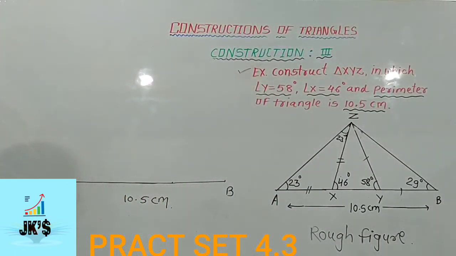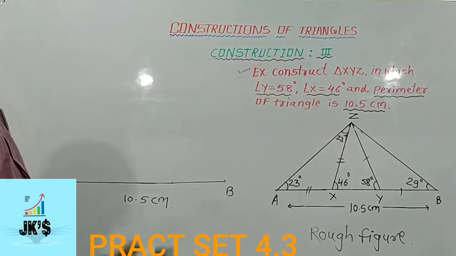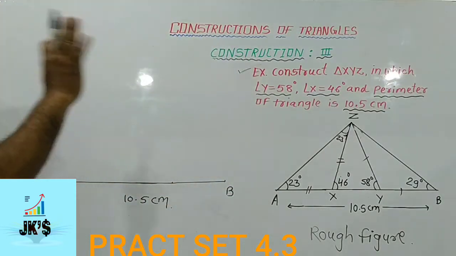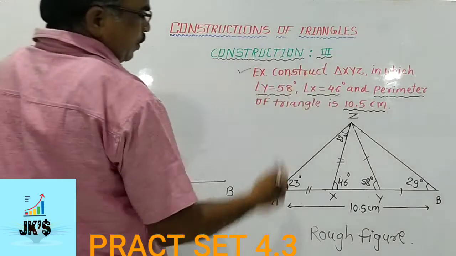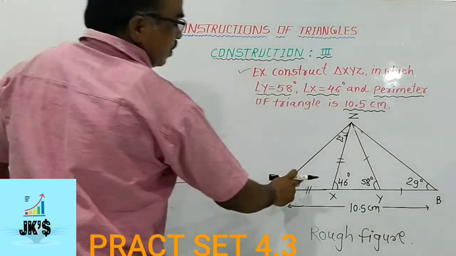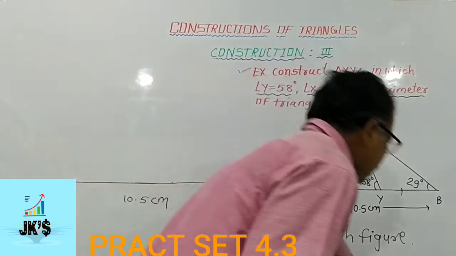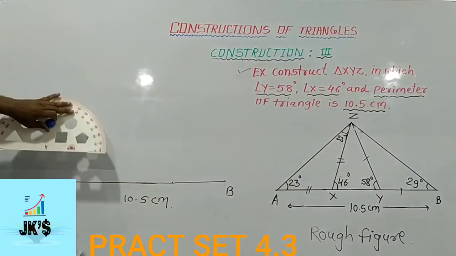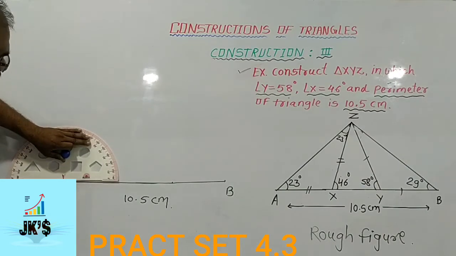If the perimeter is given, then we take the sum of the three sides equal to AB. Now as per the calculation, angle A is 23. So draw a ray which makes an angle of 23 degree at point A.